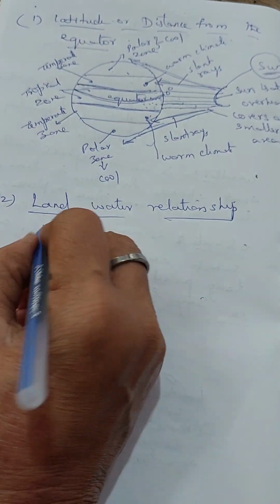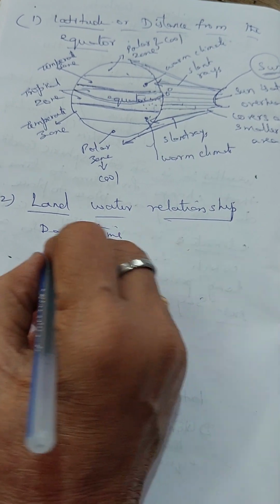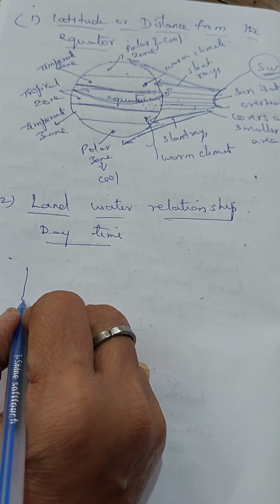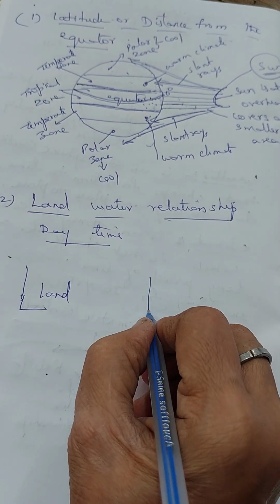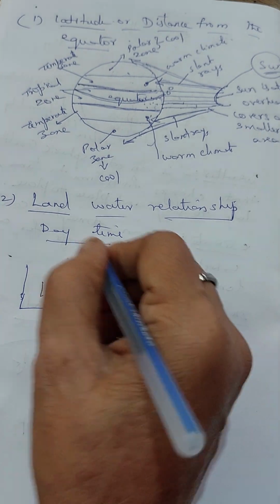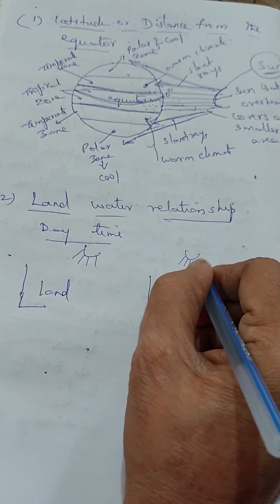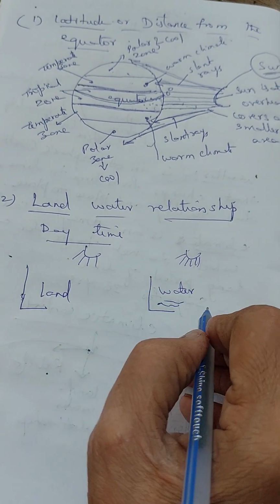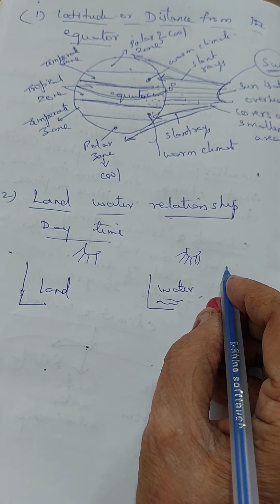We'll take during the daytime. During the daytime, first we'll understand, children. So you assume this as land, and assume this as water, children. Sun rays fall on both. Sun's energy, that is heat, is received by both the regions. Either it is land or water, it is reaching.